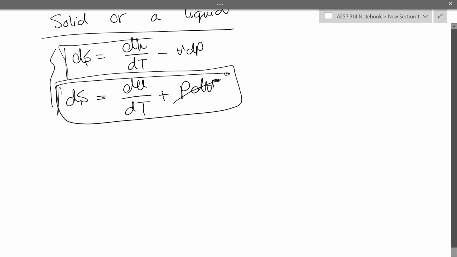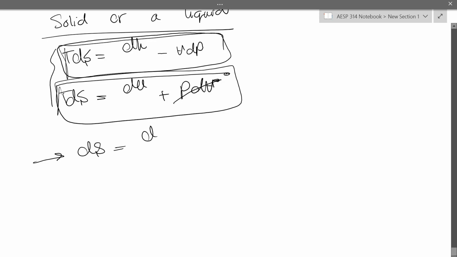What can we say about this? dS equals dH over T minus VdP over T. I made a small mistake here. So TdS is equal to this. That was the equation. This part is 0, and then dS is equal to dU over T, right?